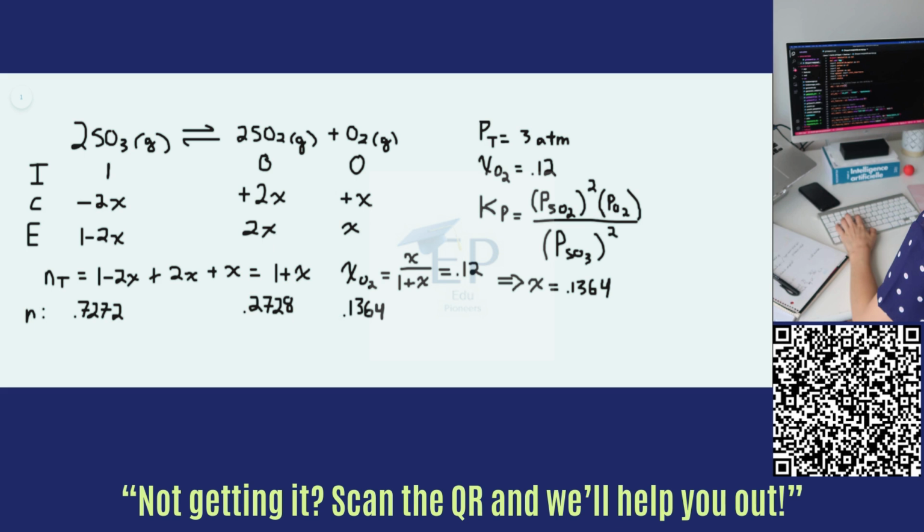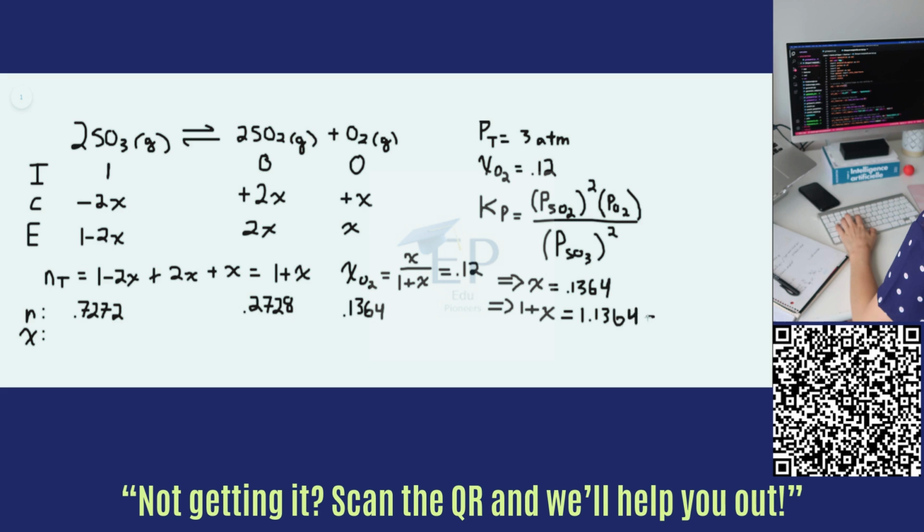From this, I can calculate the mole fraction of each of the parts. So the mole fraction of each of these parts is this number divided by the total, and the total is 1 plus x, which equals 1.1364.